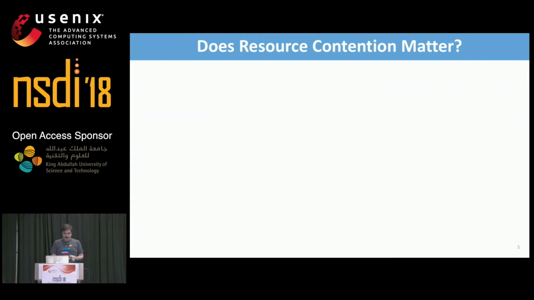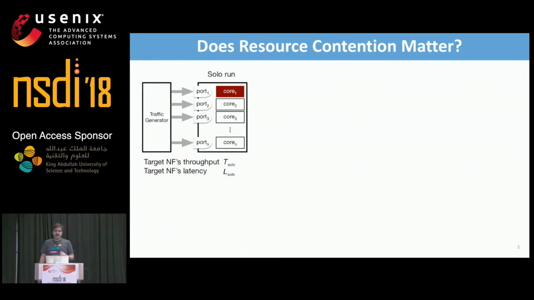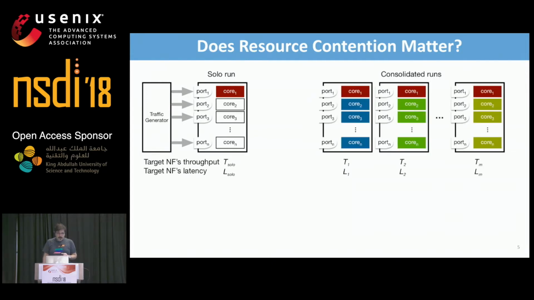To answer that, we run a series of very simple experiments. We run a target network function alone on one core of the CPU. For this example, the network function just takes one core. We record the throughput and latency, T solo and latency solo. And we compare this throughput and latency with the throughput and latency of consolidated runs.